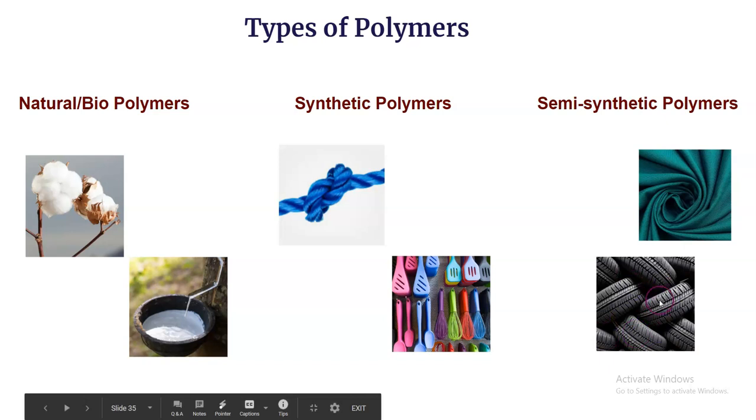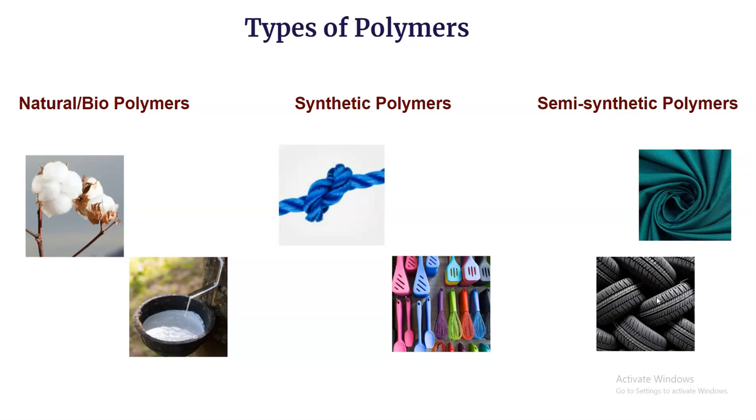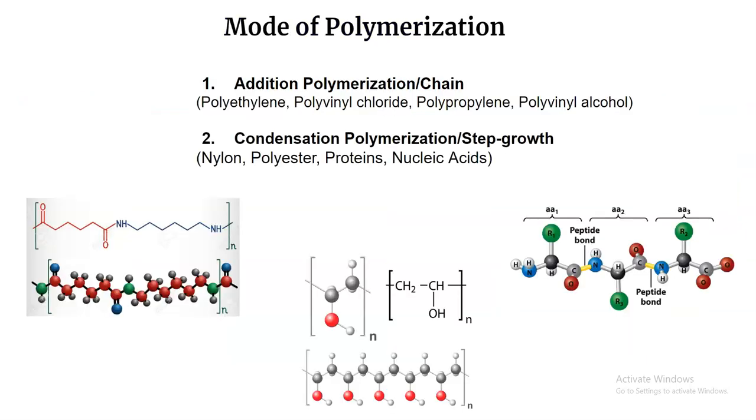A vulcanized rubber, that's where you have a rubber and you do certain artificial processing on the rubber, and you get this vulcanized rubber. These are examples of semi-synthetic polymers, okay? So polymers are cool. They are super useful. We use them, we consume them, and we are also part of them in a certain way. So it's a very interesting topic, not difficult, but really something you can connect to.